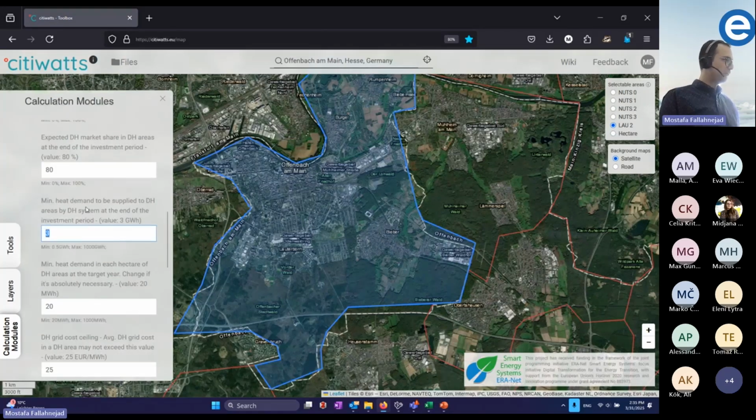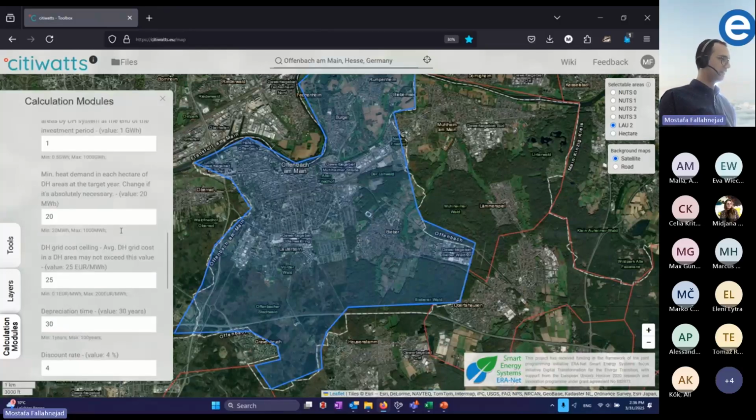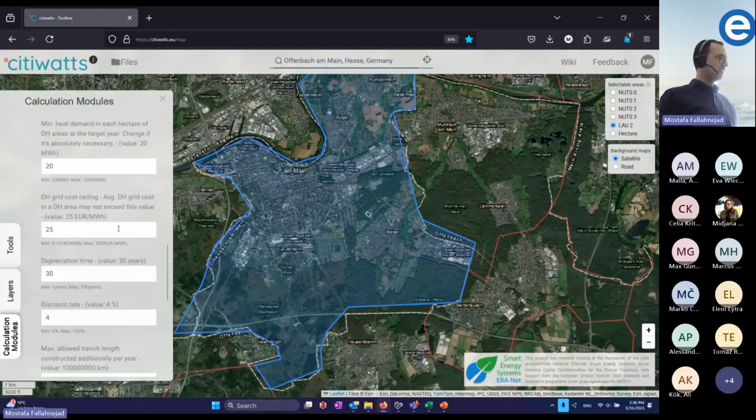What should be the minimum heat demand supplied to the potential district heating areas at the end of the investment period? What is the minimum heat demand in each pixel? What is your threshold level? This is an important input parameter for this calculation module.